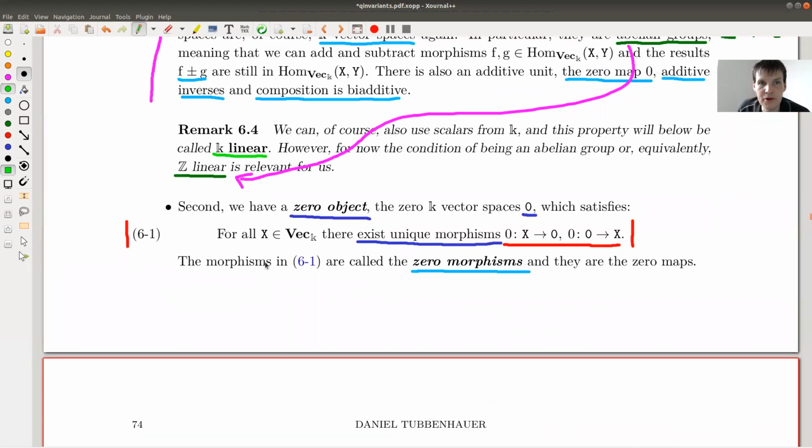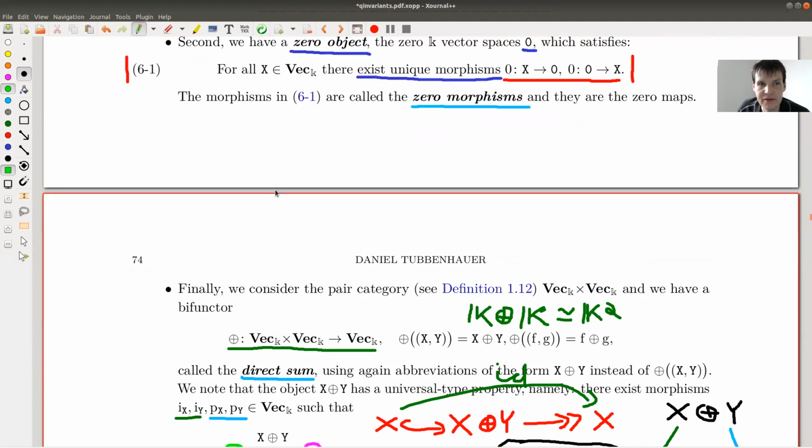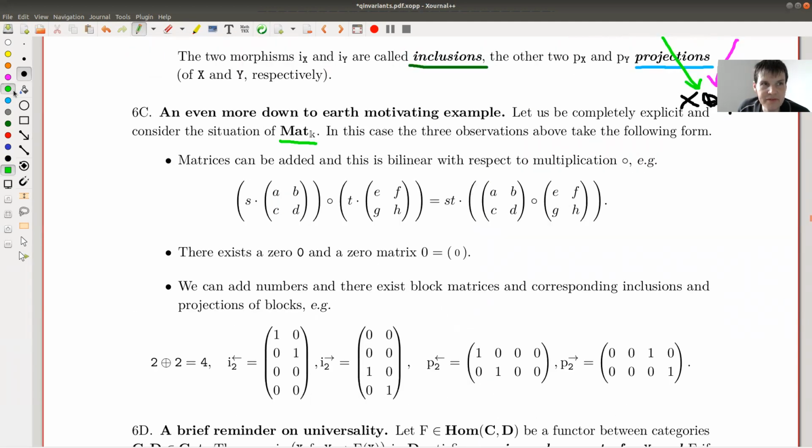And the first bullet point from above, this abelian group thing, on matrices, it's just, well, you can add matrices, and addition is bilinear with respect to multiplication. And this just means if you multiply with, let's say, two parameters and compose, then you could compose first, and you can pull out both parameters because it's bilinear.